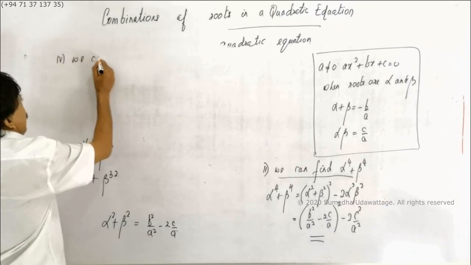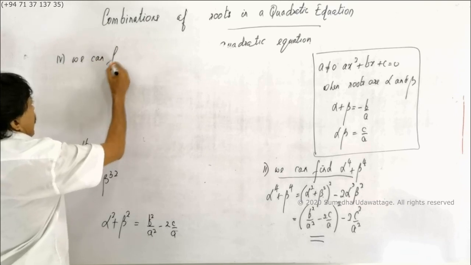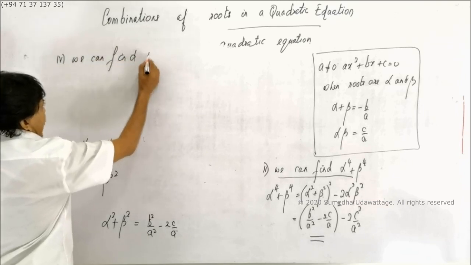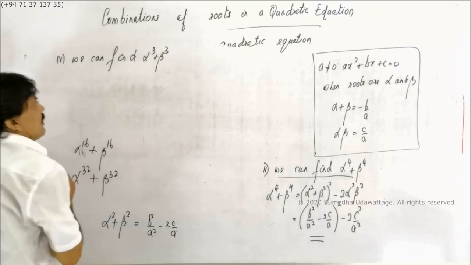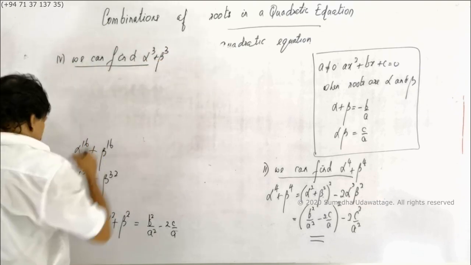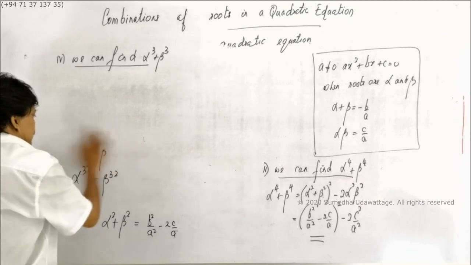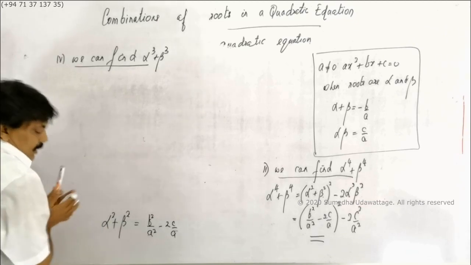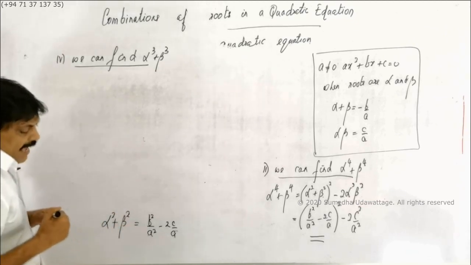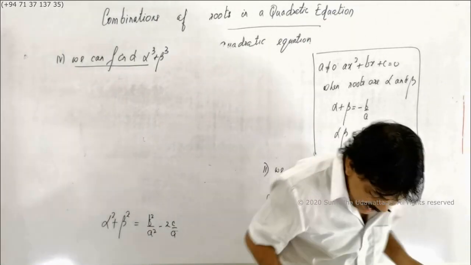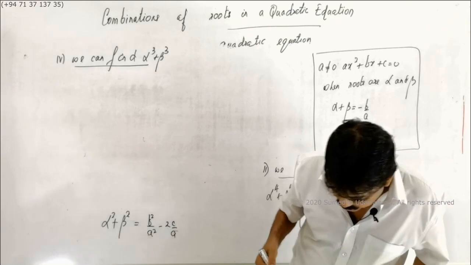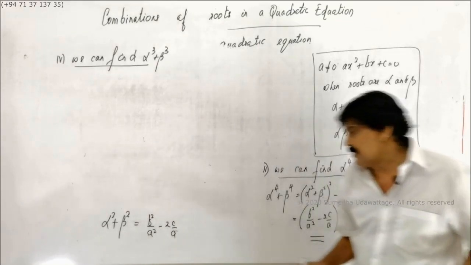We can find alpha 3 plus beta 3. Now look here. To find alpha 3 plus beta 3, again I would take you to the time you were studying O levels.